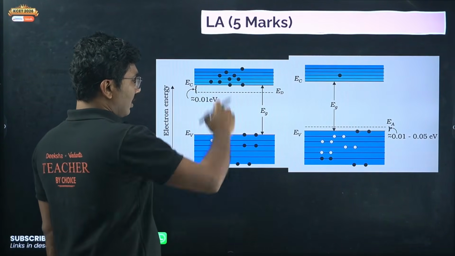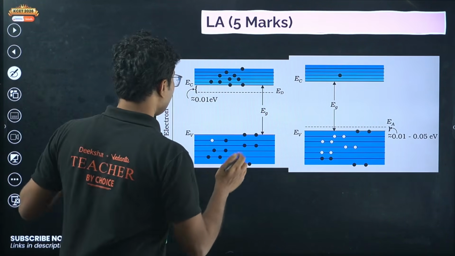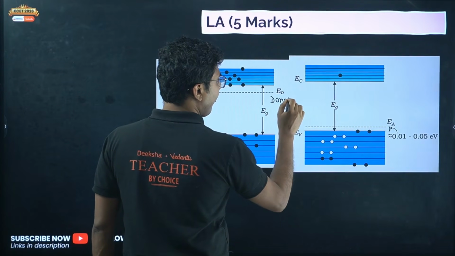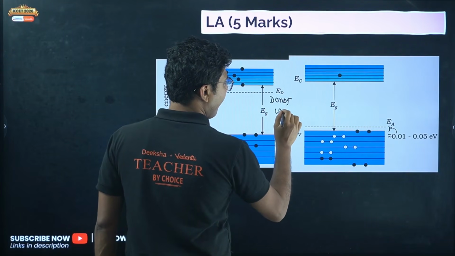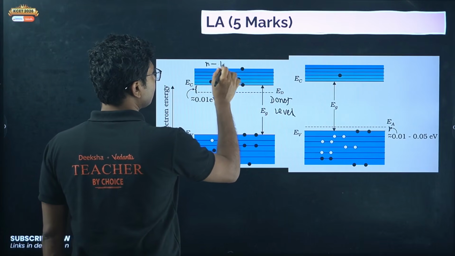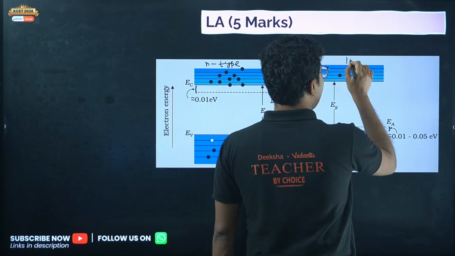Now in the band diagram, make sure you show the donor level for N type, and for P type you have to show the acceptor level.